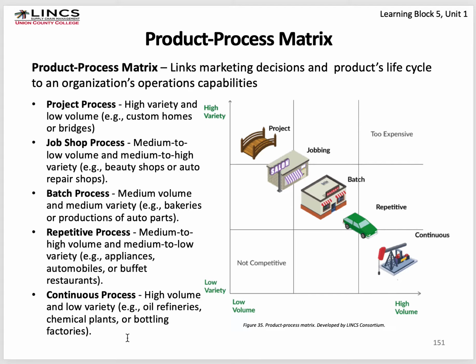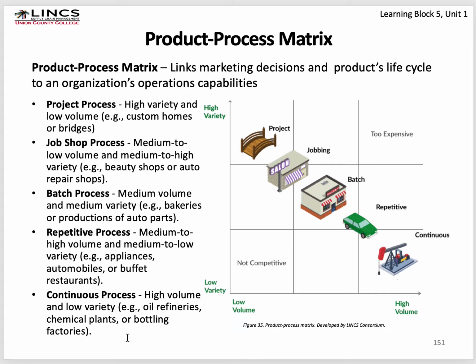A batch process is medium volume and medium variety, and we're talking about bakeries and production of auto parts there. The repetitive process is medium to high volume, and medium to low in variety. It's basically all of your consumer goods. In a manufacturing sense, you're building to stock, and we'll talk about that later.